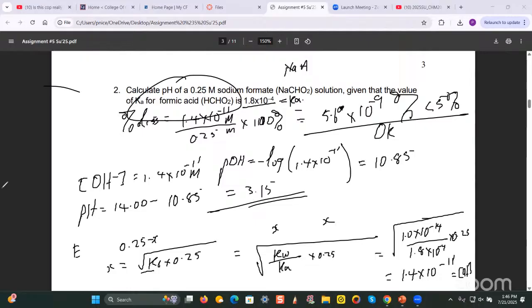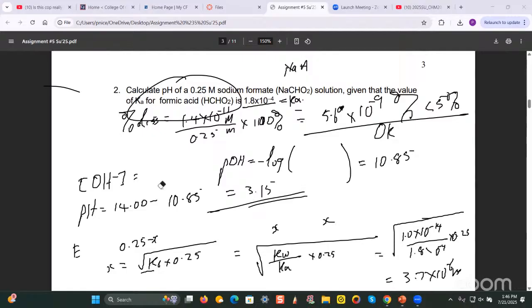Let me erase this here. And that would change a whole lot of things as well. So this should be 3.7 times 10 to the minus 6 M, which means this would have to be changed right here. This is changed here and here.